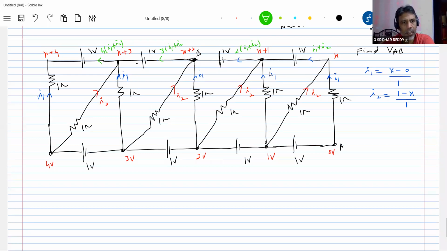But looking at this junction, there's a problem. So 4 I1 plus I2 plus I1 should be equal to 0.